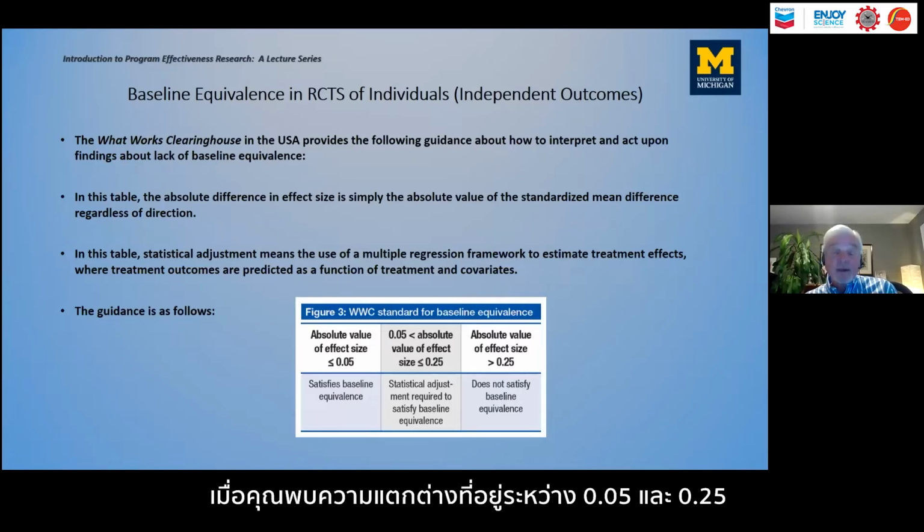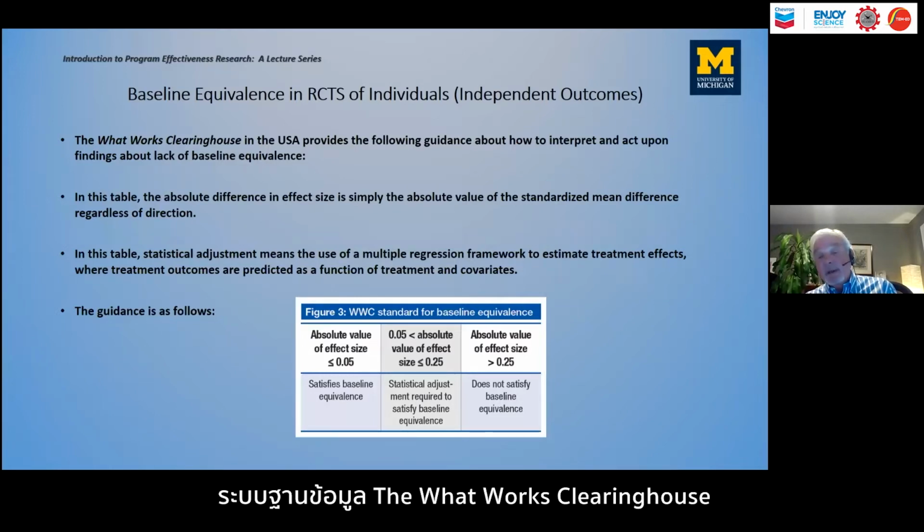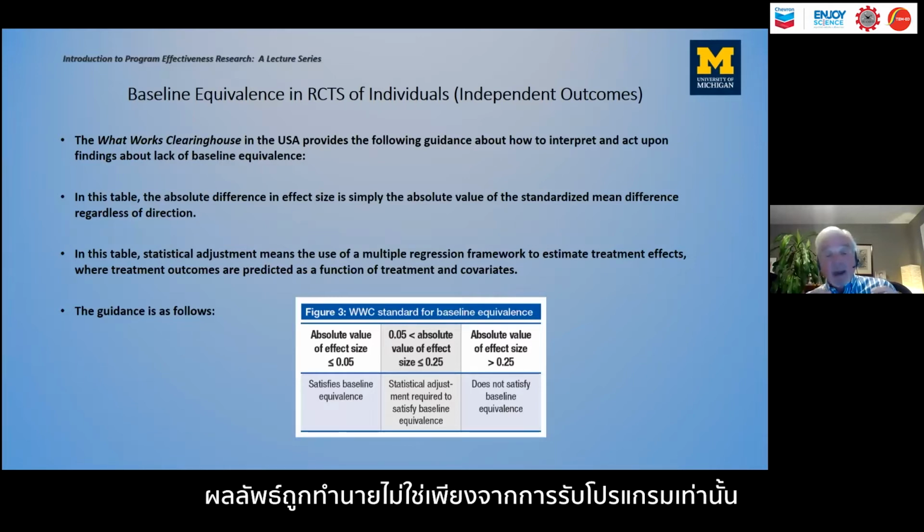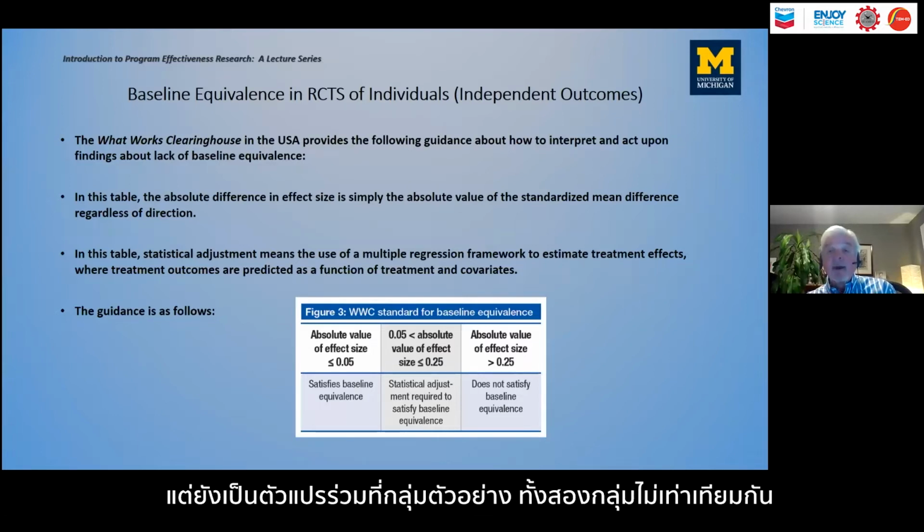When you find differences that are between 0.05 and 0.25, the What Works Clearinghouse, and I think a lot of researchers, would recommend that you use statistical adjustments, which simply means that you now estimate treatment effects in a multiple regression framework where outcomes are predicted not only as a function of treatment, but also the covariates where the two groups are non-equivalent.